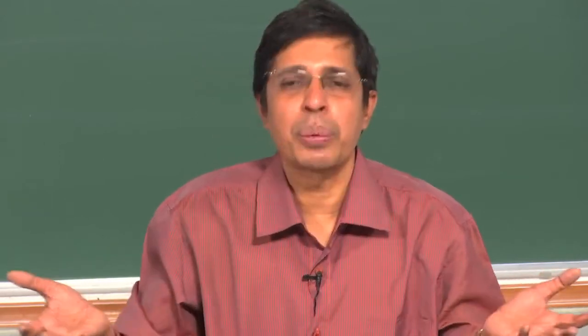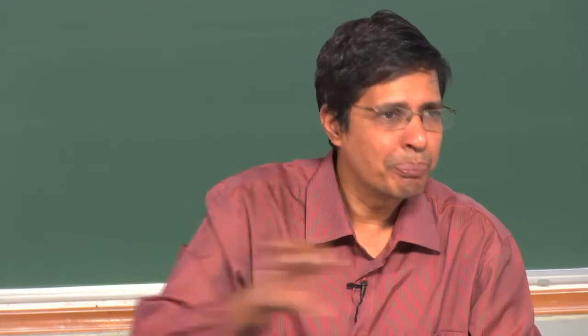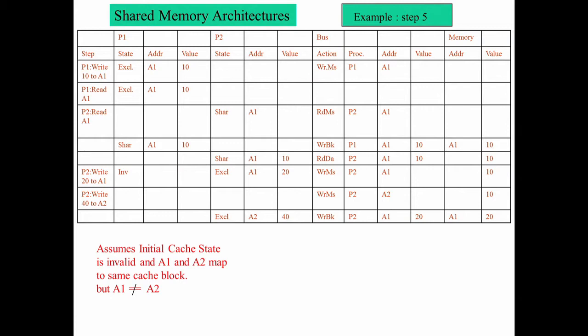Now there are a set of processors, they are all writing into the same memory, and there is a bus that is connecting these processors, as we had seen in the earlier part.